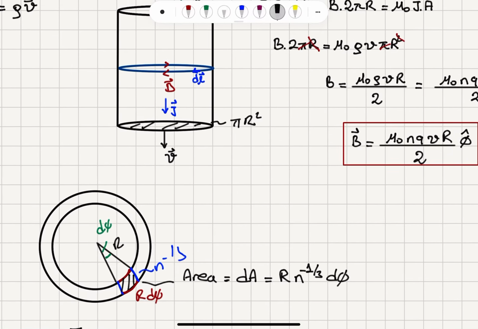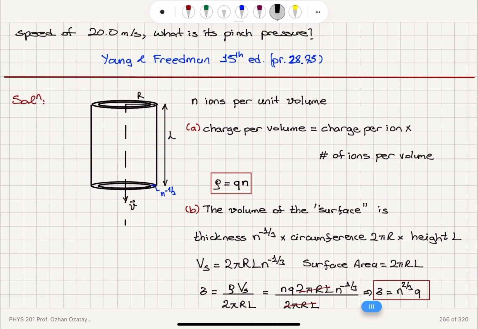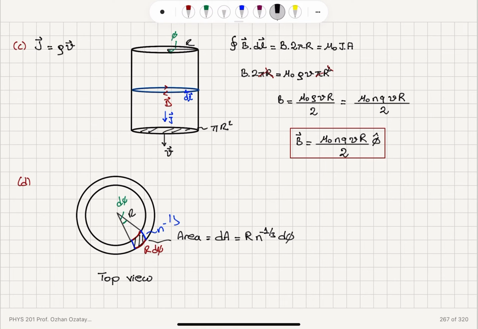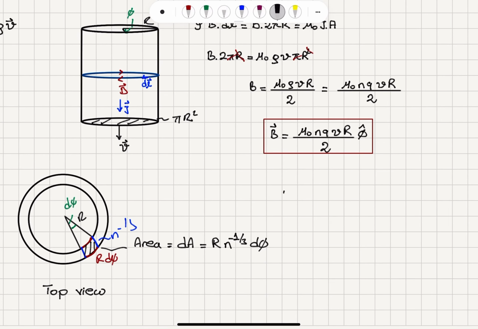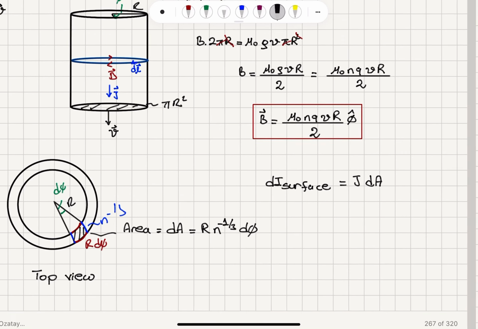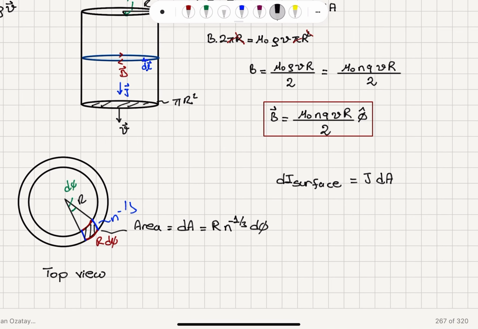And this is the top view. So I'm looking at this from the top. So basically I see this shell. What is di surface? The surface current is the current density J multiplied by dA, because we have a uniform current density. So I can calculate di surface to be the current density rho, which is nq, multiplied by v.